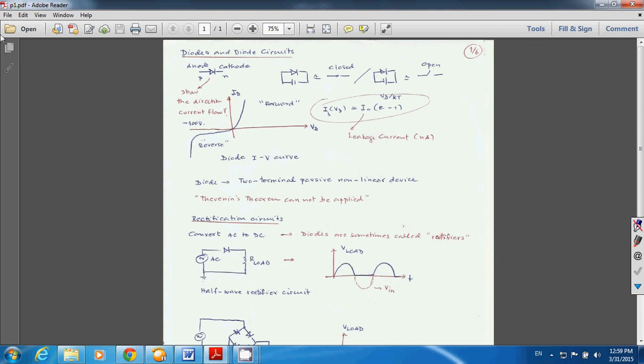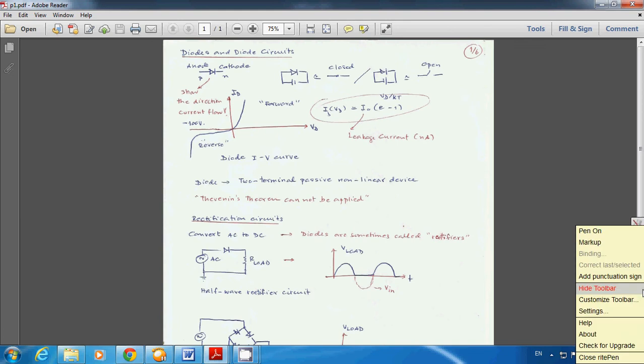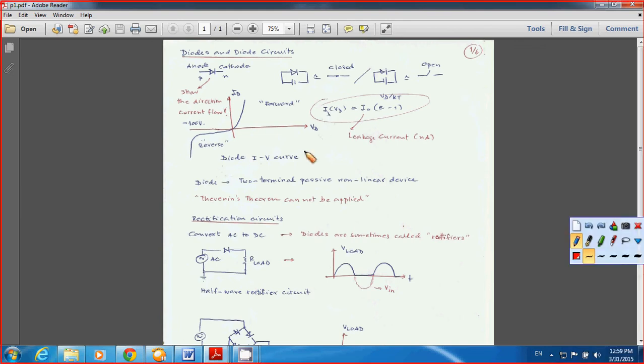You're probably familiar with the circuit that we call a rectifier, just like this one here. We use that to convert an AC signal to a DC signal, and we can also use the diode as a switch. And you know that the diode allows current to flow in only one direction and does not allow current to flow in the other direction.